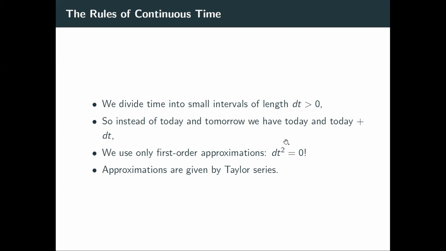Therefore, once you have dt squared in some expression, which can occasionally arise because dt participates in some formulas, dt is strictly larger than 0, but dt squared is 0. It looks odd and against any logic, but it's like that. Actually, you can make everything rigorous.